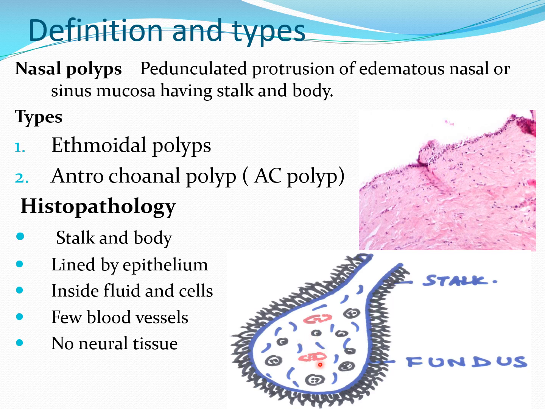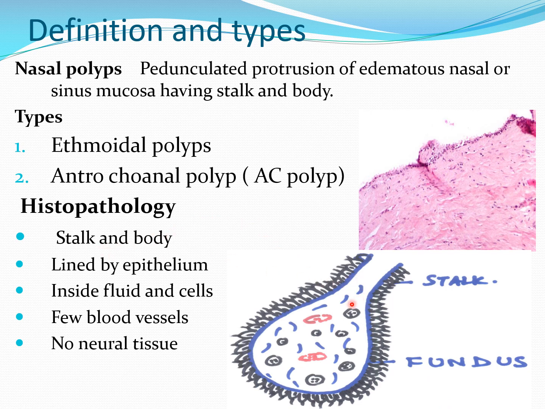There will be few sinusoids, that is, few blood vessels without muscular coat, and there will be no neural tissue, and this polyp will be lined by ciliated columnar epithelium, that is the epithelium of the nose and paranasal sinuses.